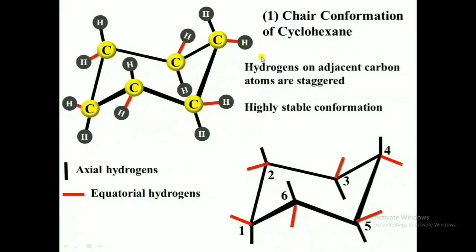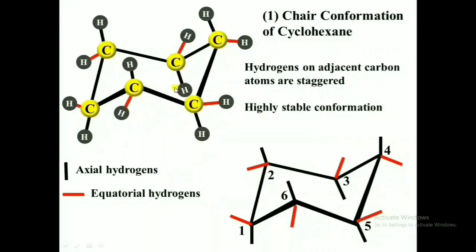I have mentioned some of the key factors of this chair conformation. One is that the hydrogens on adjacent carbon atoms are staggered. In this chair conformation, if you take this carbon atom, the adjacent carbon atoms are this one and this one. The hydrogen atoms on this carbon atom and the adjacent carbon atoms are all in staggered conformation.